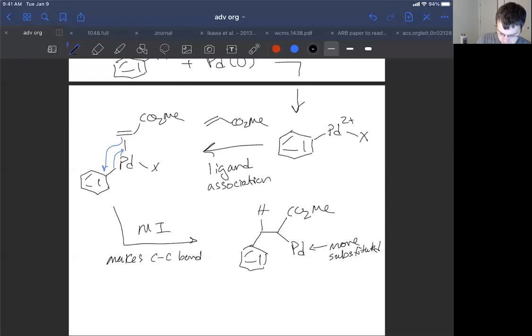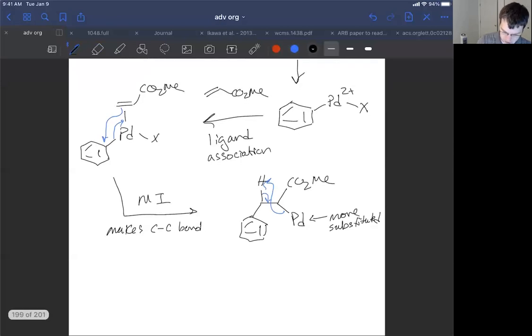Now, what the palladium is going to do is it's going to do the opposite of a migratory insertion, and that's a beta elimination. But instead of grabbing the aryl ring, it's going to grab the hydrogen atom. So we do migratory insertion to beta elimination. And with beta elimination, this is hydride elimination, by the way.